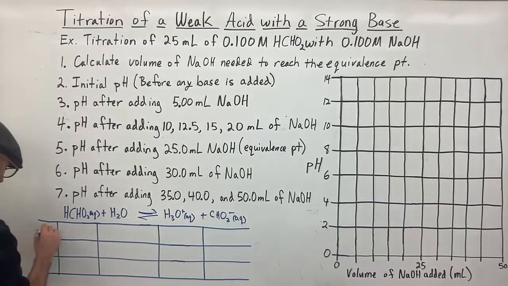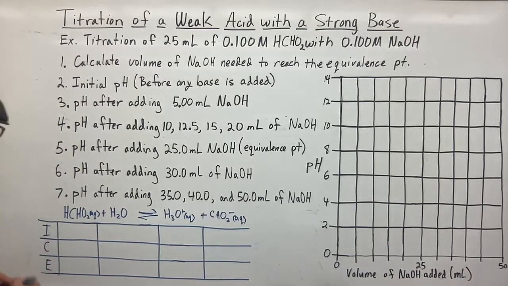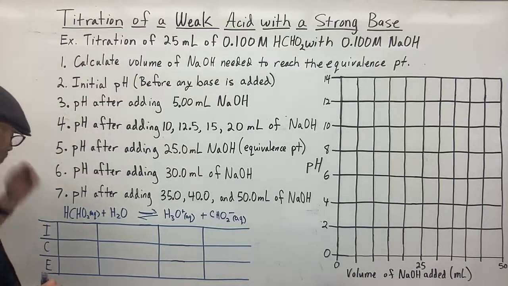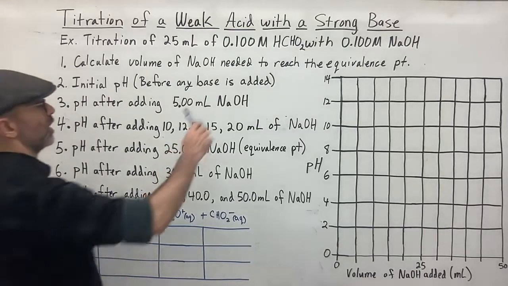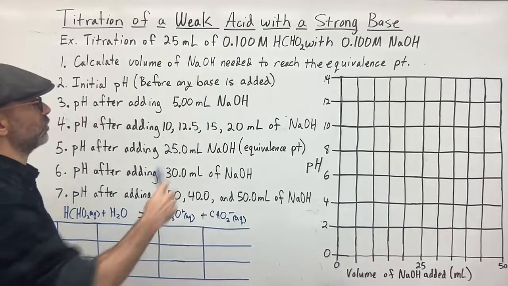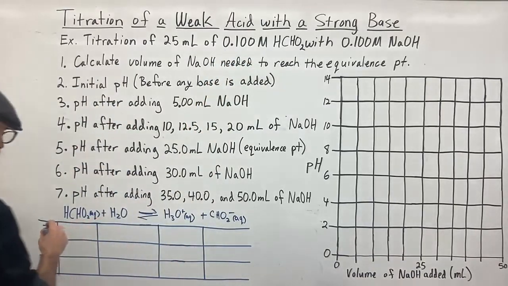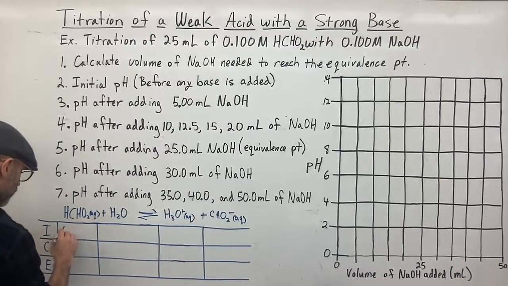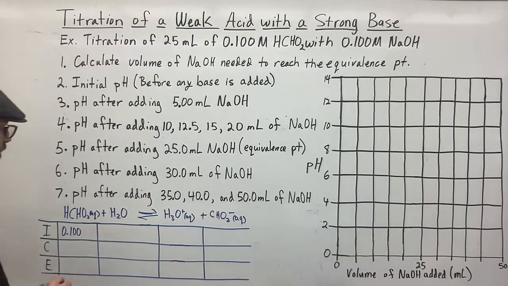So here we have our ice table, and we start off with a concentration of this. We need to know the concentration. So we have 0.100 of this, and we're going to ignore water, so we don't need to worry about water.